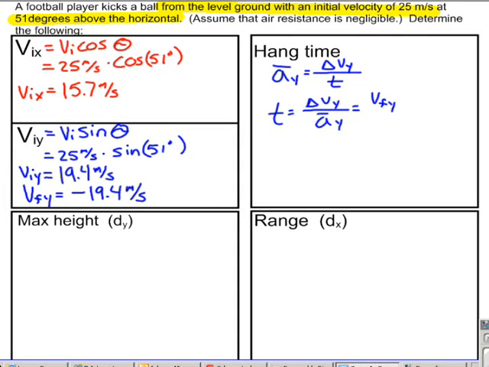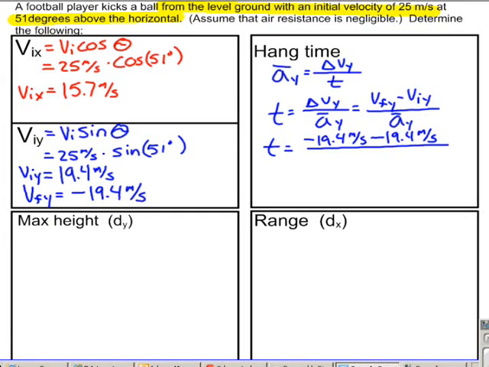Now expanding out that delta v_y to be v_f minus v_i divided by a, and plugging in our final velocity here of negative 19.4 meters per second, then subtracting our initial velocity of 19.4 meters per second, and dividing this entire thing by negative 9.81 meters per second squared, we find that we have a total hang time in this case of roughly 3.96 seconds. So that rounds pretty closely to approximately 4 seconds, we'll call this hang time.